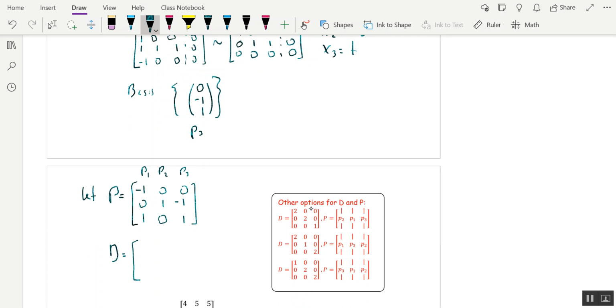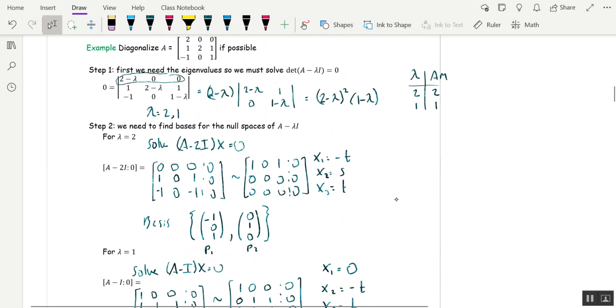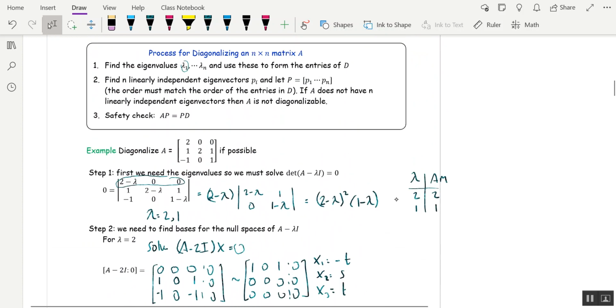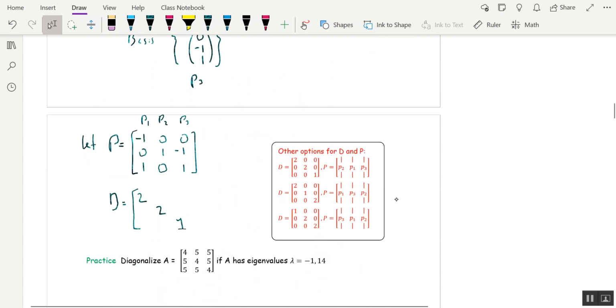P1 and P2 corresponded to lambda equals 2. So I need to put a 2 there and a 2 there. P3 corresponded to lambda equals, I can't even remember, 1. So I put a 1 there. And is that right? My eigenvector? Yeah, okay. And then fill in zeros.